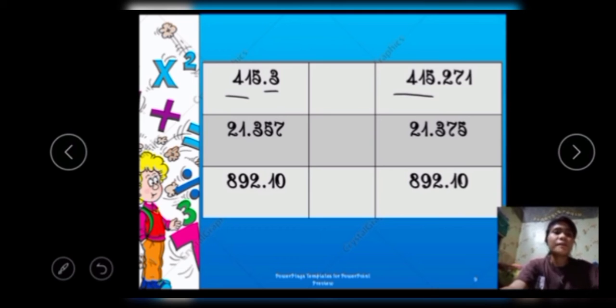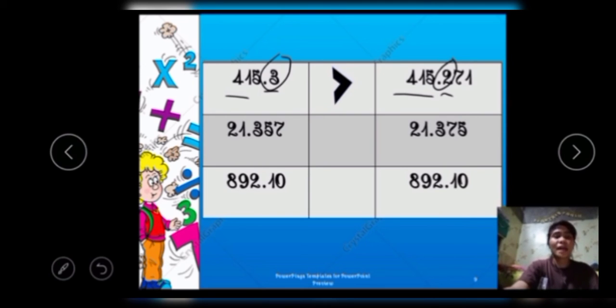So in the decimal, we have here the 3, and in our right side, we have here 271. So 3 is greater than 2. And in our first example, the greater number is 415.3.